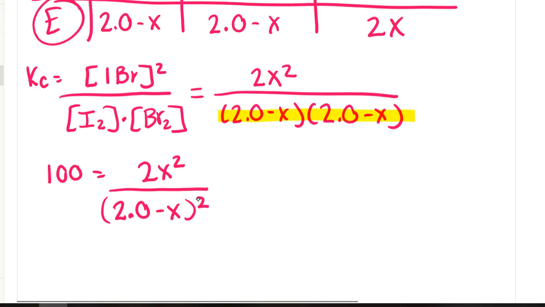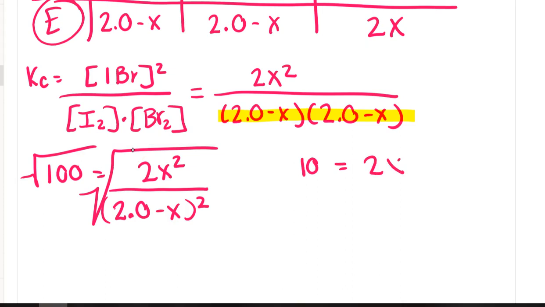So how we can solve for this is by taking the square root of both sides. So that's now going to give me 10 is equal to 2x over 2 minus x. And now we can solve for x.